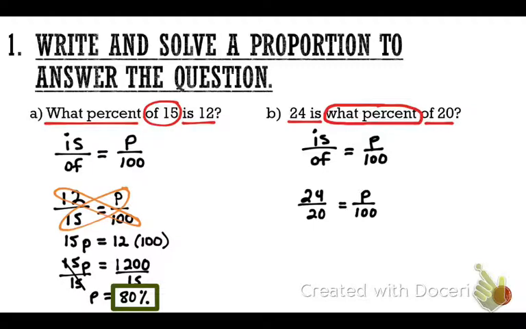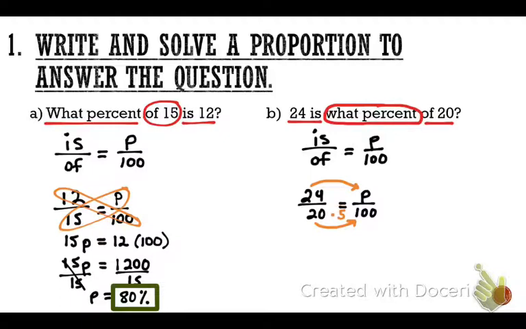So if you could see right here, I am trying to work from getting from a 20 to a 100 because I'm trying to discover how to get from a 24 to a P. Does anyone know what the missing link is from a 20 to a 100? What do you think it is, Gavin? 5. Now am I going to multiply by 5 or divide by 5? I am multiplying by 5. So the missing link is times 5.